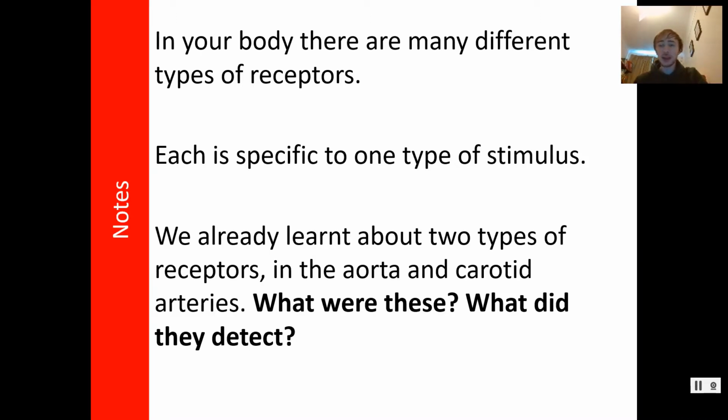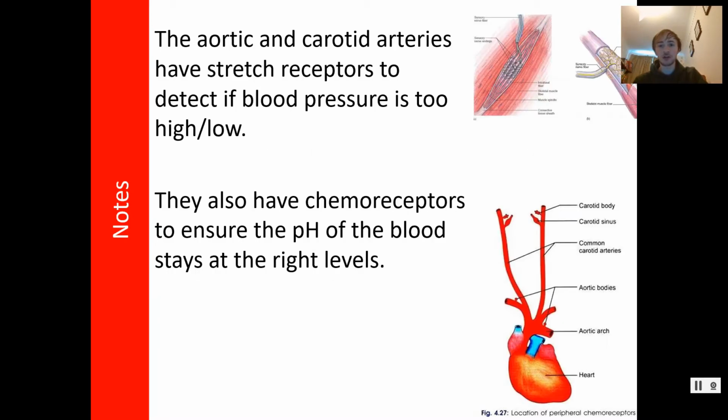They're found in the aorta and carotid arteries, and they have two types of receptors. They have stretch receptors, which detect blood pressure. Again, we don't need to know much about this, but broadly, they're detecting if the blood pressure is too high or too low because of how stretched or unstretched the arteries are.